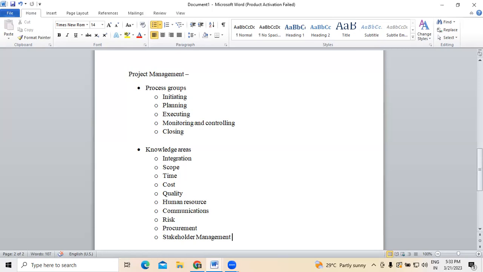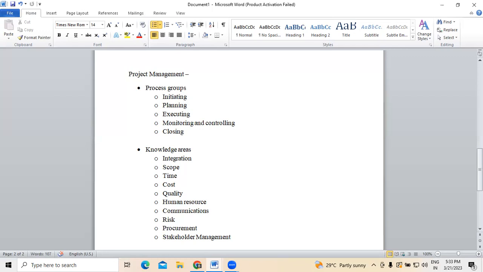Now, when we are talking about the planning phase, we need to determine how the plan of each and every knowledge area works out. At the same time, we need to determine the detailed requirements by creating the scope statement, followed by creating a work breakdown structure.